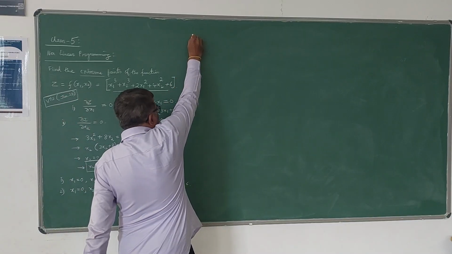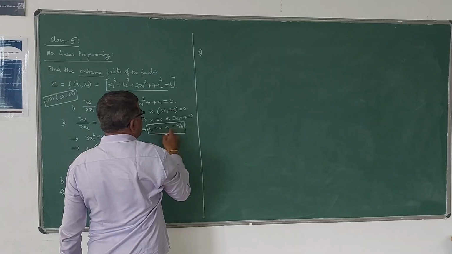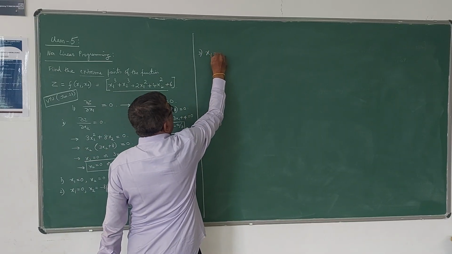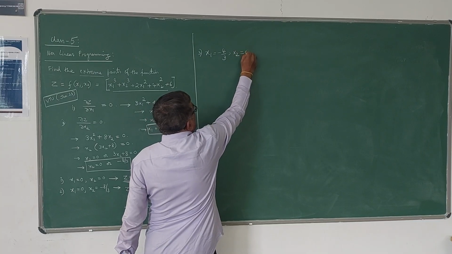Now the third value of z is when x1 is minus 4 by 3 and x2 is 0. This is the third combination.